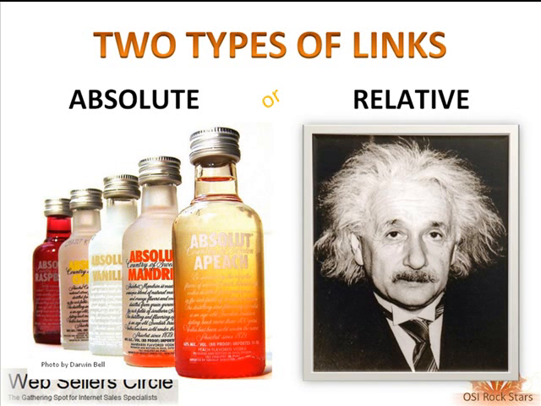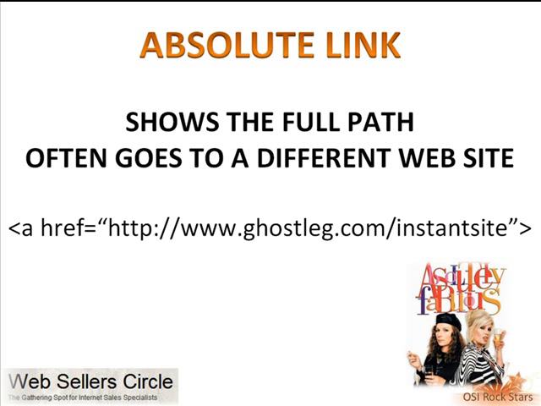There are absolute links and there are relative links. Absolute links show the full path, and they usually take you off the website you're on to a different website. That means that if I'm on Rockstars and I want to send you to that new site we have for making web pages, I have to write out the whole URL, even including the HTTPs.